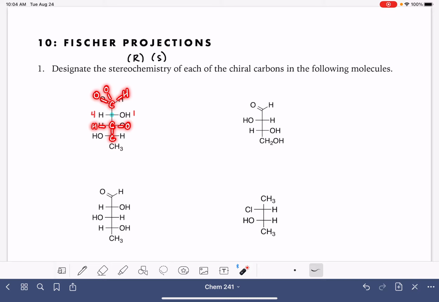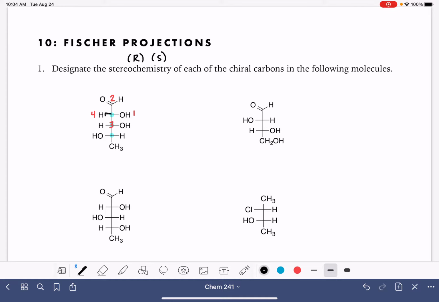And what we're doing here is comparing oxygen, oxygen, hydrogen versus hydrogen, carbon, oxygen in terms of highest atomic number. This guy up here at the top is going to win because it has 2 oxygen atoms. That's going to make this a number 2. And it's going to make this one a number 3. And if that seemed kind of overwhelming, don't worry. We're going to practice this like 100 times on this worksheet.